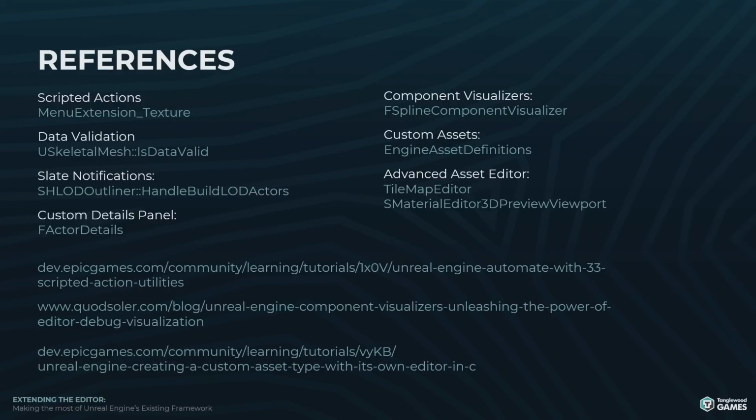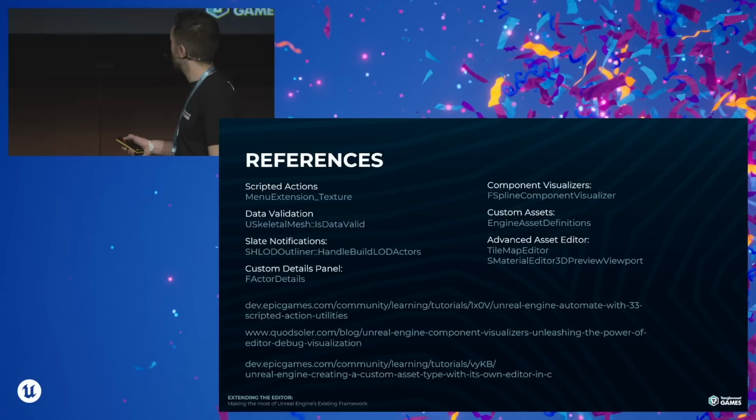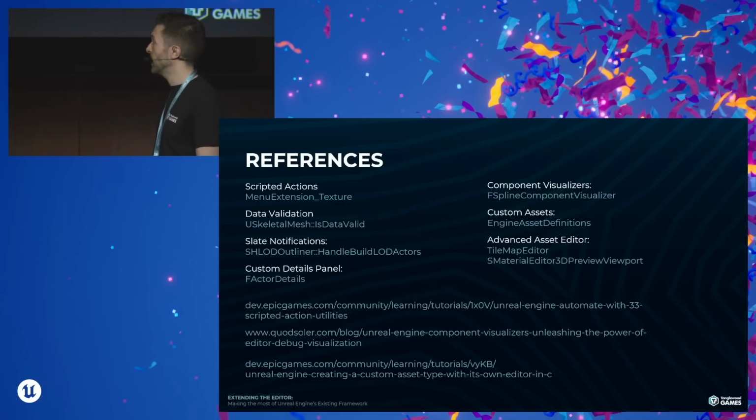And then these are a few links where we can see some examples of scripted actions that are way more sophisticated than what we saw here. They use the old system, so they just change how supported classes work, but otherwise they should work just the same.